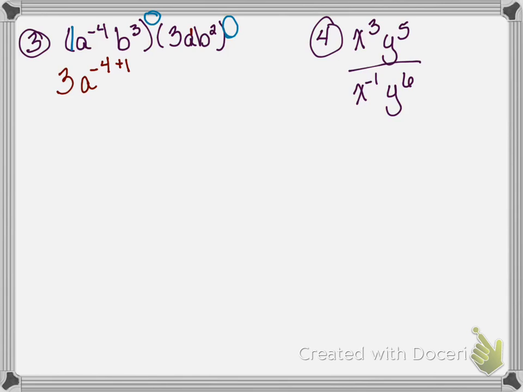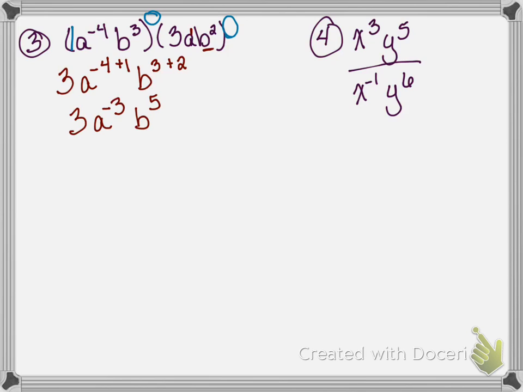Then I have b to the third power and b to the second power. So then I have b to the third power plus 2, because I add the exponents. So I have 3 a to the negative 3, because negative 4 plus 1 is negative 3. Then I have b to the 5th power.